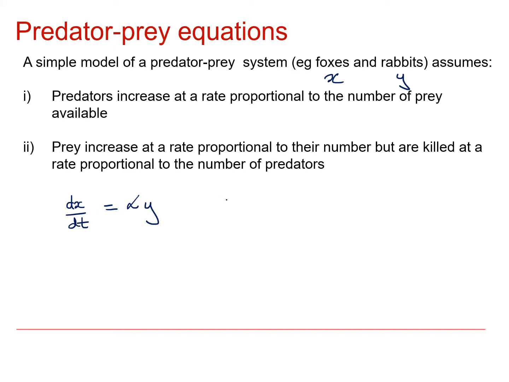And if we have a look at the second assumption, we're going to have dy by dt is equal to, well, they increase at a rate proportional to their number, so that's going to be some multiple of y, but they're killed at a rate proportional to the number of predators, so that's minus some multiple of x. And these constants, alpha, beta, and gamma, I'm going to assume are all greater than 0.